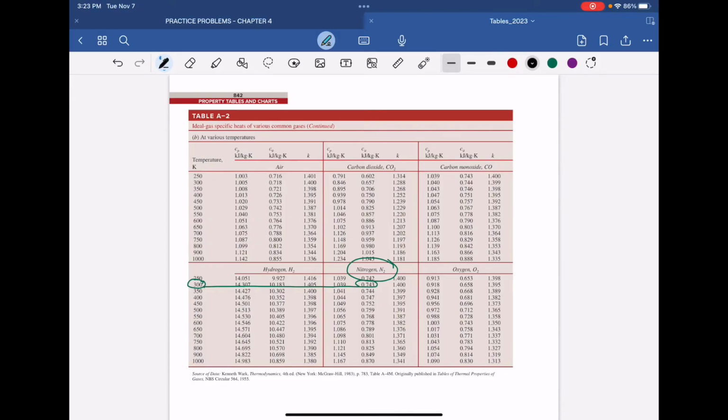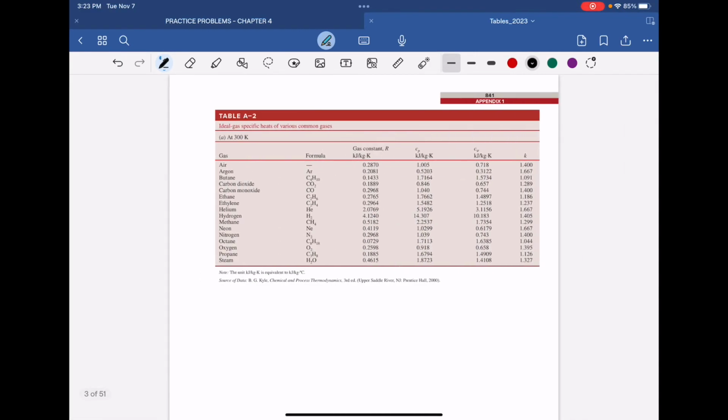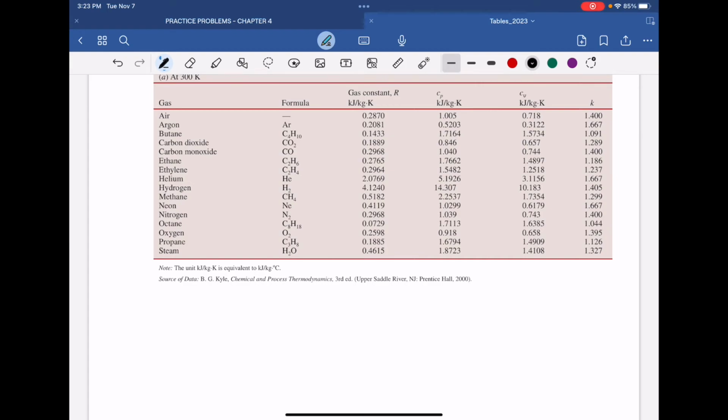The main reason for that, those gases might not be changing their value of Cp and Cv to a large extent as a function of temperature. So the only table we have is at 300 Kelvin. What is the value of Cp and Cv for neon and argon?